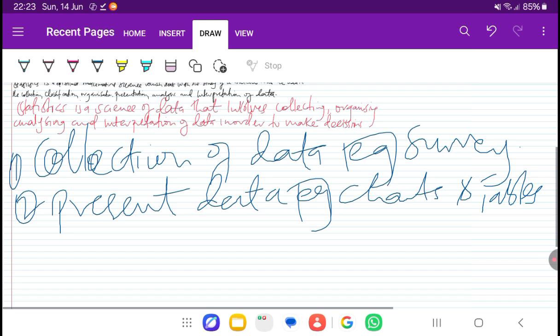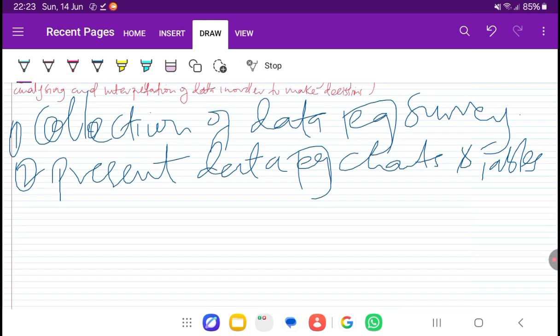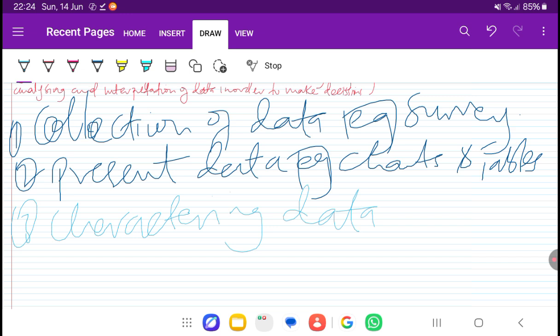Then the third aspect deals with organization. This is characterizing data. In this you can try to compute the averages, the median, and so on.